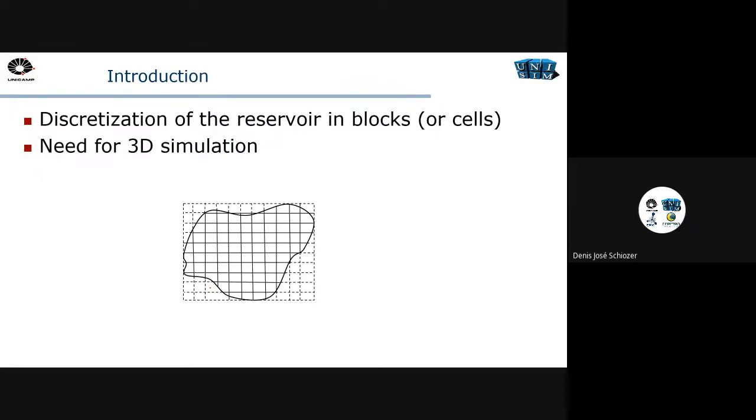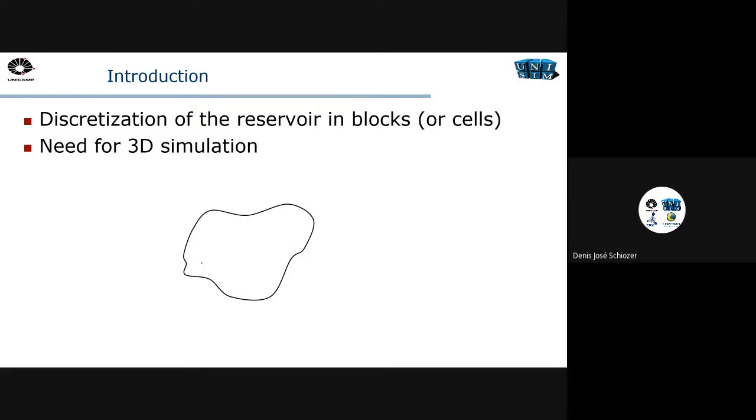What is a numerical representation? I'm going to go very fast here because it's not the objective, but what we are going to do is basically this. If you have a reservoir like this, and for example we have a producer here and an injector here, I'm trying to represent the fluid behavior of the water displacing oil into the producer.